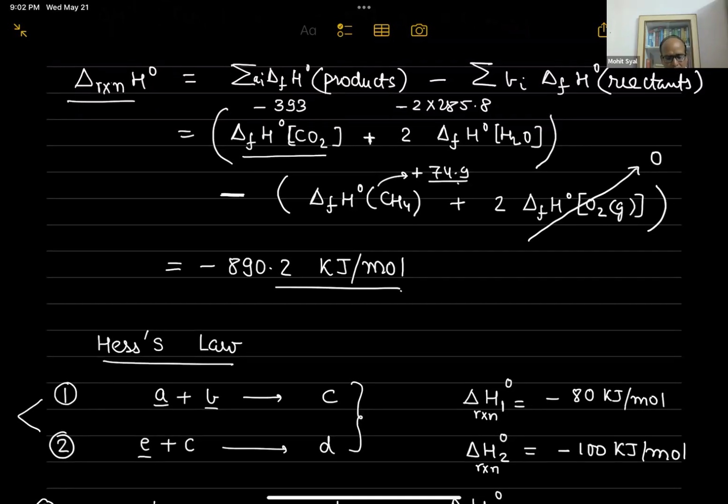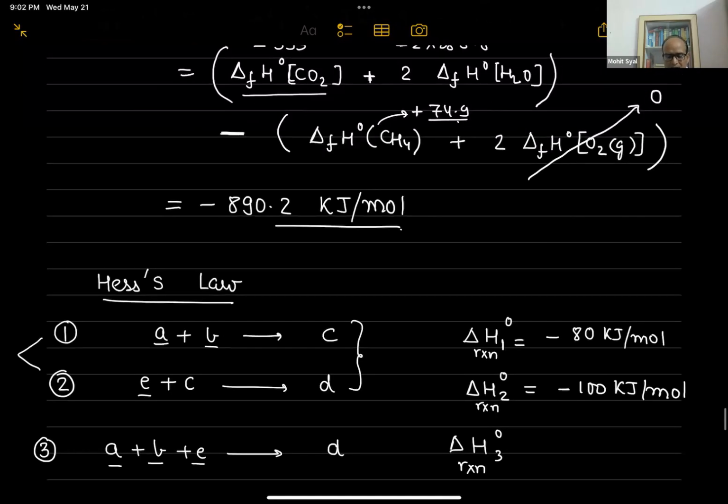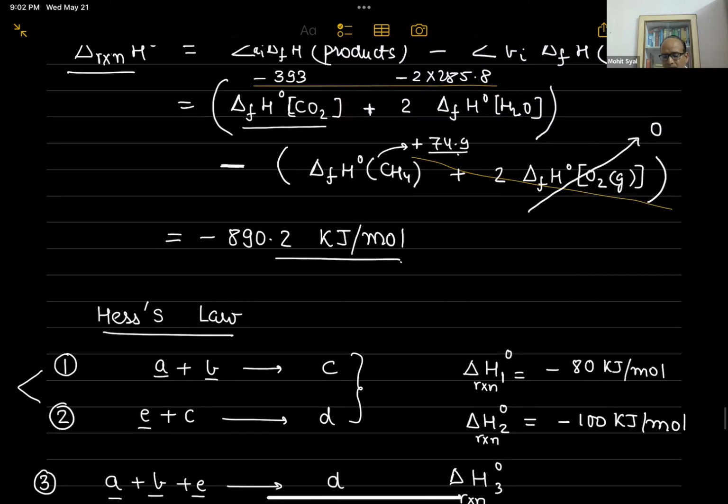So Hess law. I'm quickly recapping what we discussed in the last class. Suppose there is a reaction in which A is being converted to B and the heat of reaction is delta H1. Is it clear?